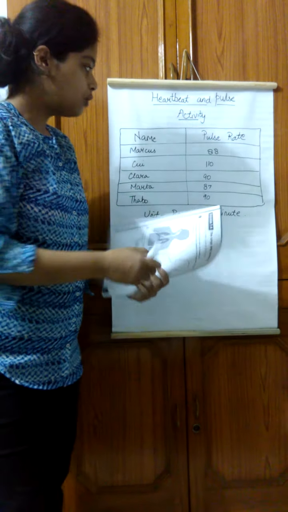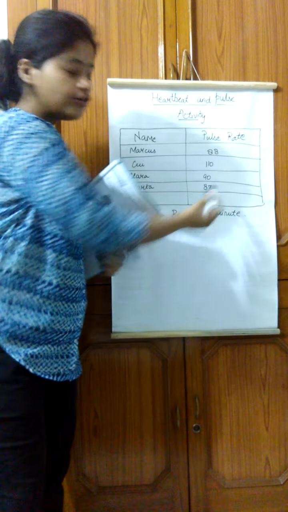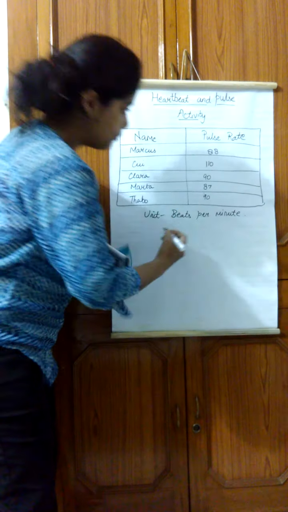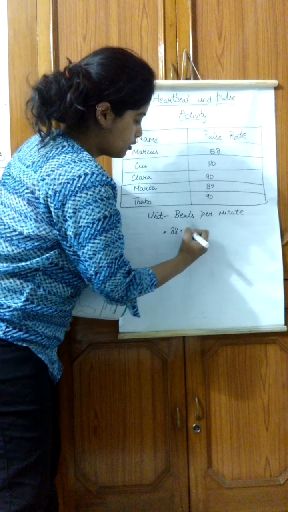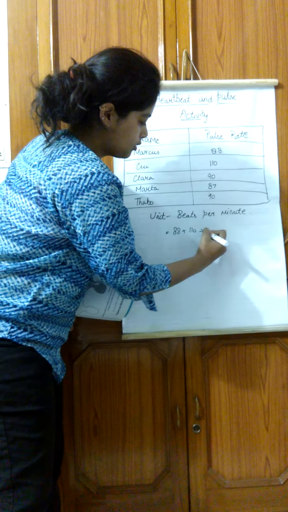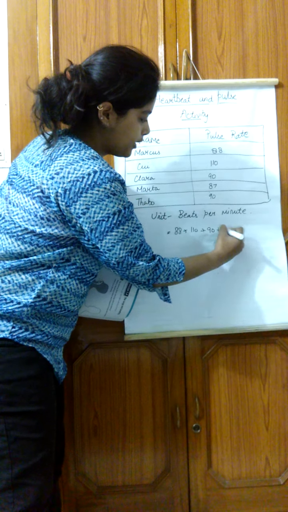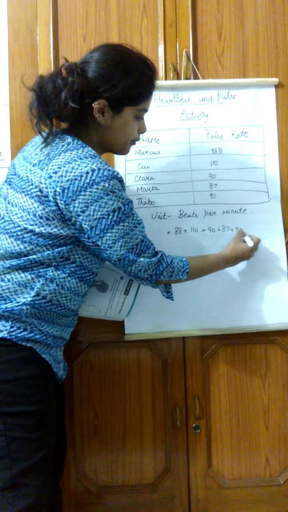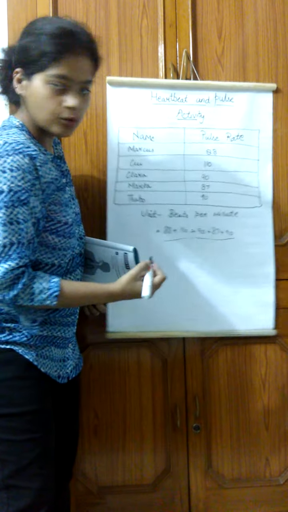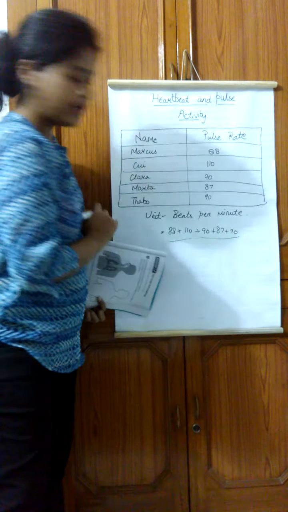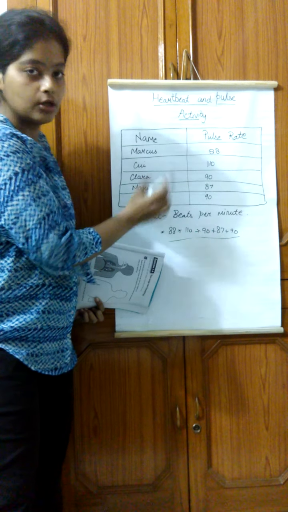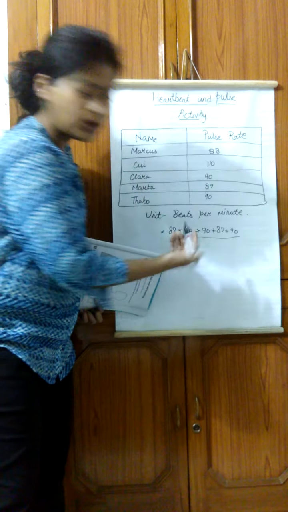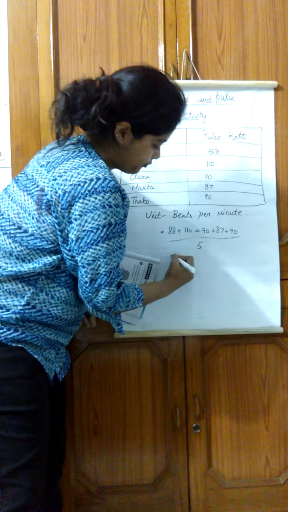So we are going to add all of them, the sum of observations, upon the number of observations. Over here how many numbers are there? Number of observations: 1, 2, 3, 4, 5. Number of observations means how many names are there? 5.